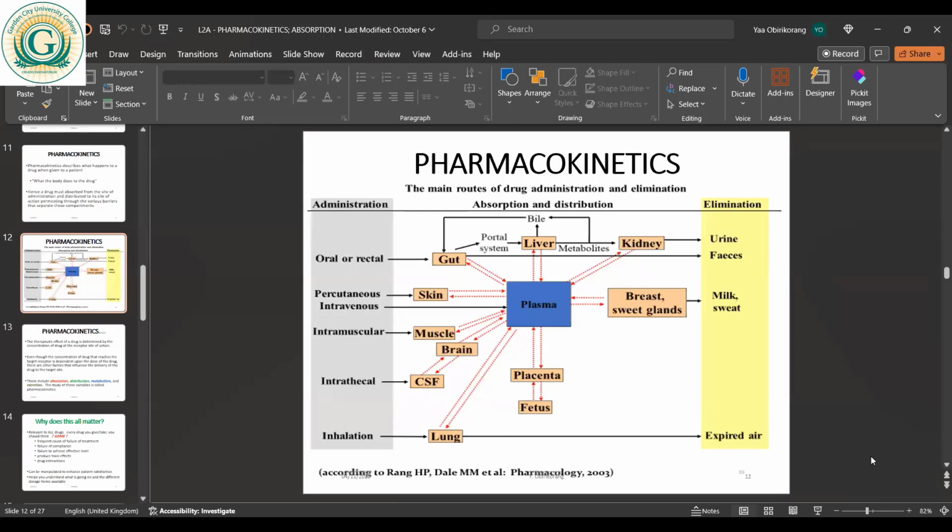So for drug absorption, when it comes to the parameters, let's look at the routes and where absorption takes place. We have the enteral route, which is mainly the oral and then the rectal. Here, the drug is absorbed mainly in the small intestine. Then we have the parenteral routes, which covers all the other routes where absorption will occur outside the GIT.